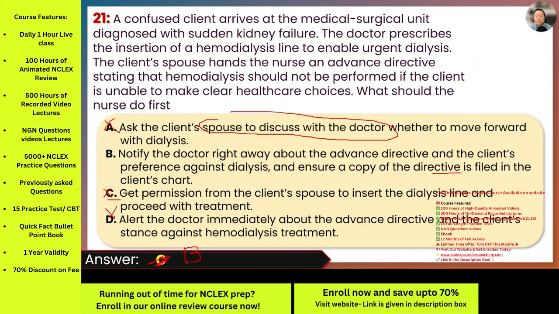Do not assume family members can make decisions. The spouse does not automatically have legal authority over the client's healthcare decisions unless they have been designated as the healthcare proxy. So if an advance directive exists, the healthcare team must follow that, not the spouse's wishes.